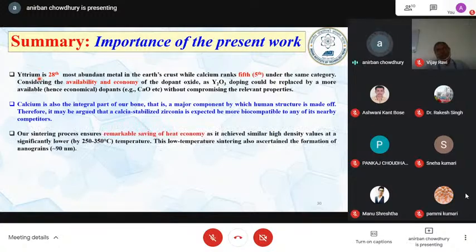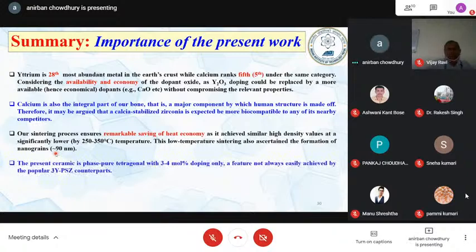Third is our process, that is ensuring 250 to 350 degrees of heat economy. Now take it to the industry and ask them what this 350 degrees of heat economy means to them. Crores of money. Okay, and that too ensuring a full densification at low grain size below 100 nanometers.